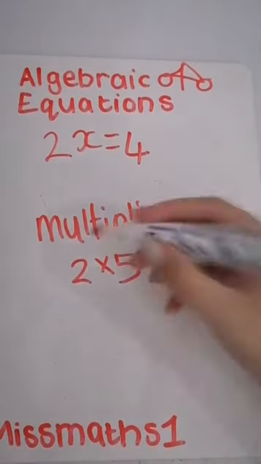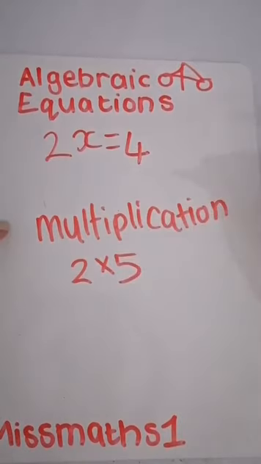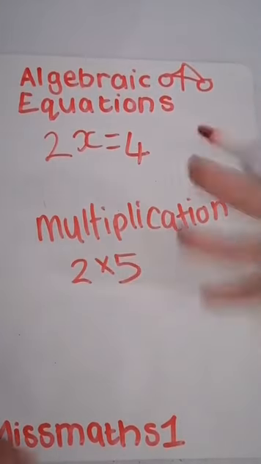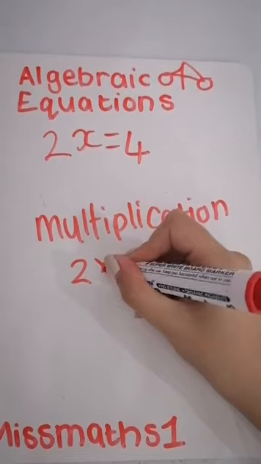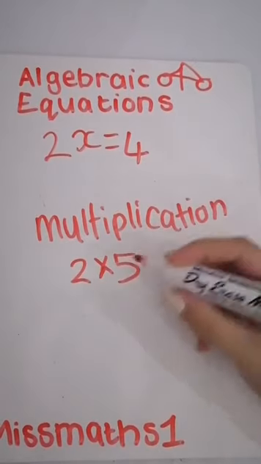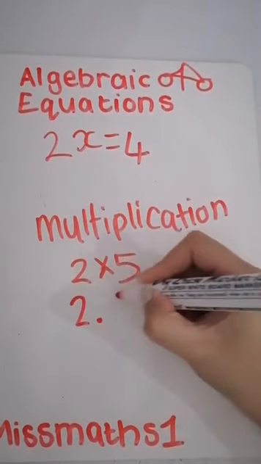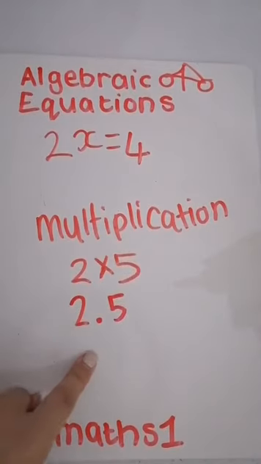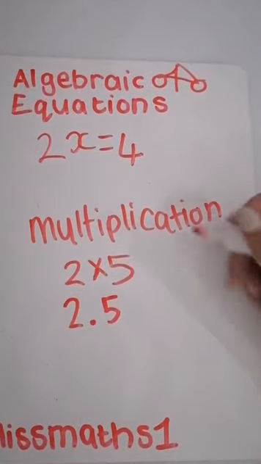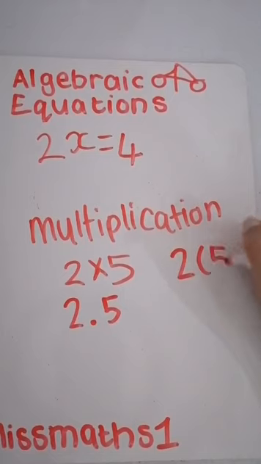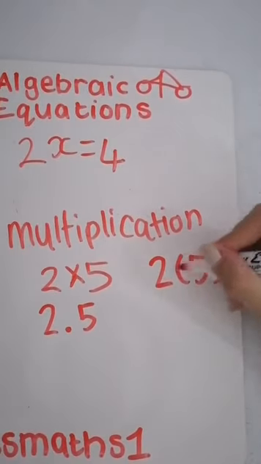Now, we know the times symbol is associated with multiplication. But as time has gone on, it's actually not an x anymore. You can also express it with a dot. That means 2 times 5. You can express it like this: 2 bracket 5. That means 2 times 5.